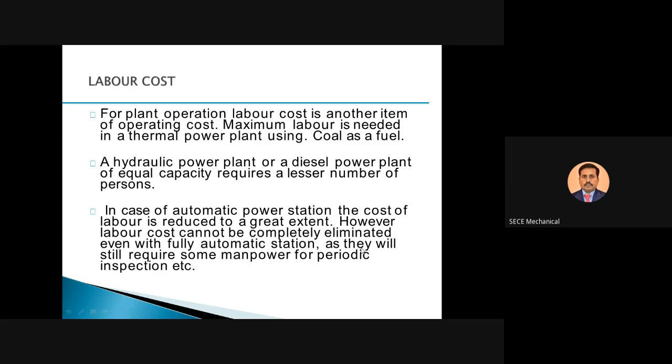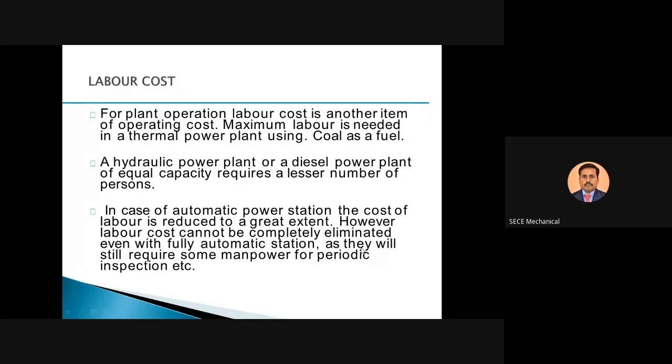Whereas in a coal or thermal based power plant, labor is more, so ultimately the cost of labor is increased. In case of an automatic power station, the cost of labor is reduced to a great extent. However, labor cost cannot be completely eliminated even with a fully automatic station, as they will require some manpower for periodic inspection.